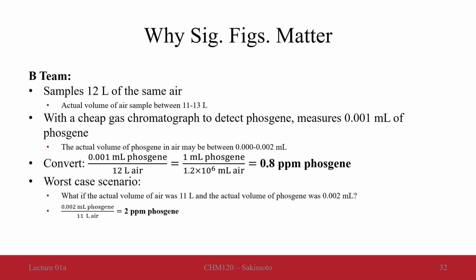Calculating the worst case scenario for this team, if they were on the upper and lower end, let's say they actually measured 11 liters of air and actually measured 0.002 milliliters of phosgene, what that would come out to is that the actual concentration of the air is 2 ppm of phosgene. Again, a less precise measurement, fewer significant digits means a wider range of values, a less confident number at the end of the day.